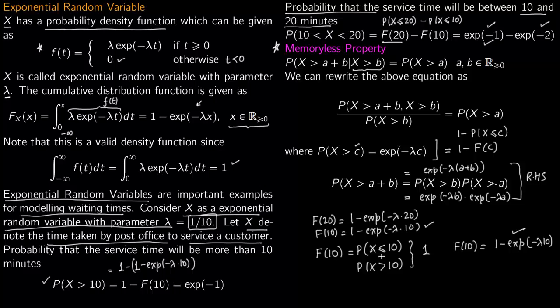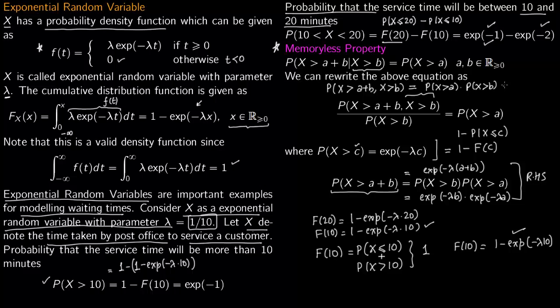So basically it says that there is no conditioning here. There is absolutely no conditioning here. So therefore this conditioning here does not matter. If you rewrite this equation, this will be probability of x is greater than a plus b and x is greater than b. This is precisely equal to probability of x is greater than a times probability of x is greater than b.